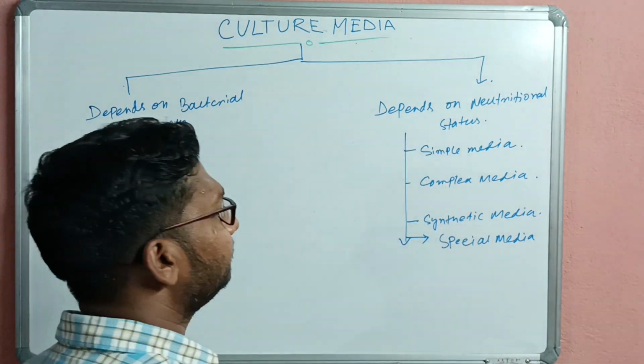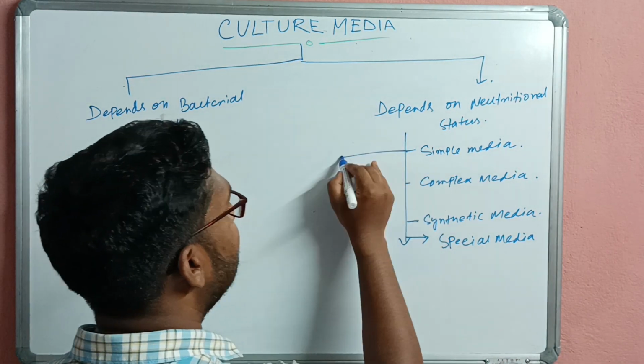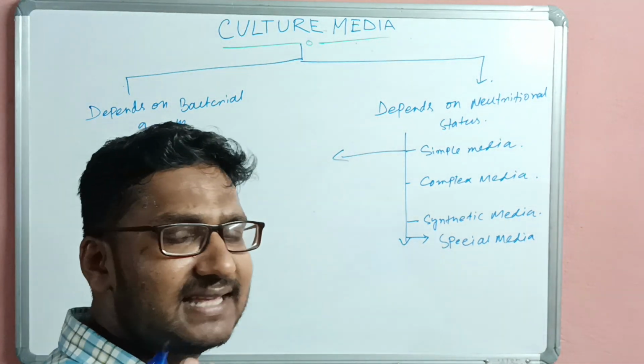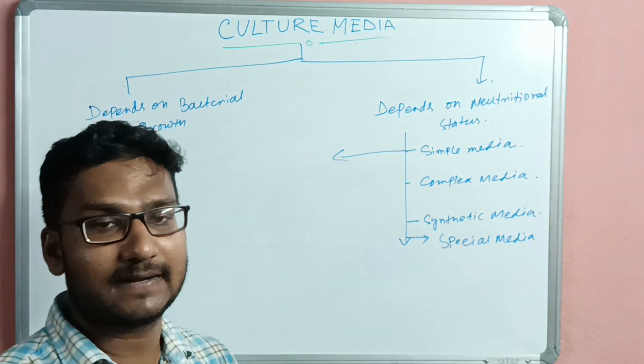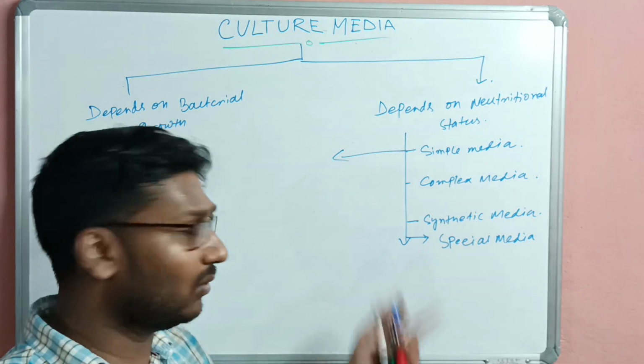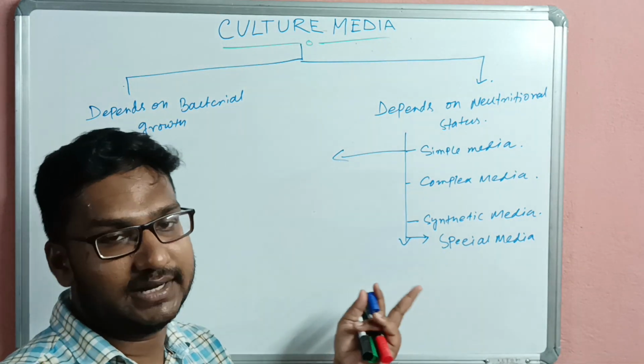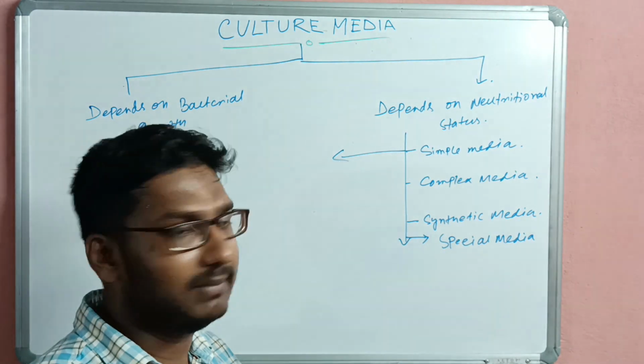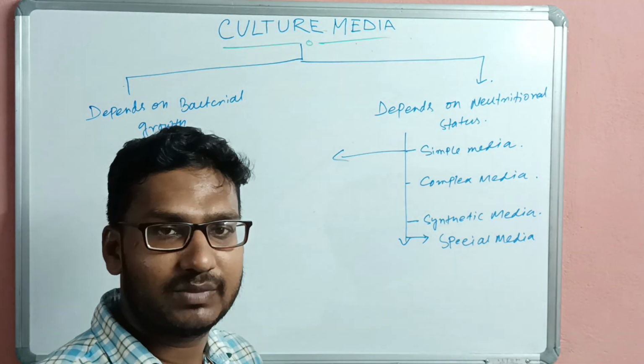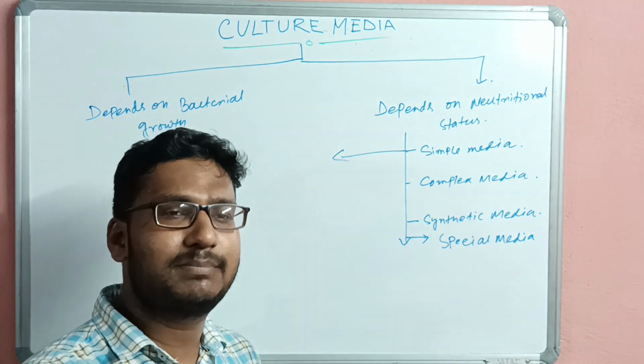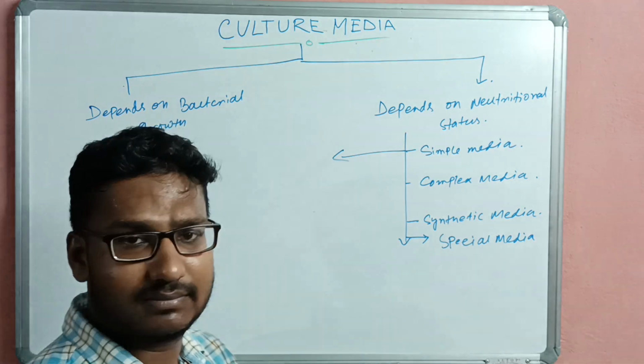Special media. Okay, now comes to the simple media. Simple is very simple: nutritive properties are present inside this. They are all solid. Very simple nutritive, any simple bacteria can grow by itself.